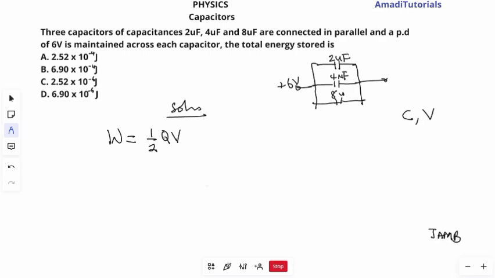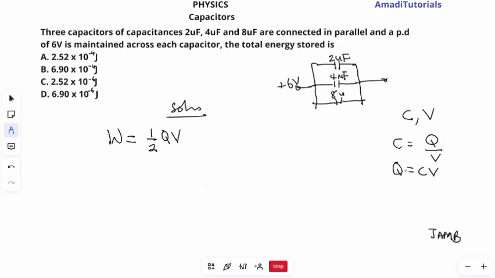So if you derive this charge here, you know that capacitance equals charge divided by voltage. So that charge is equal to capacitance times voltage.